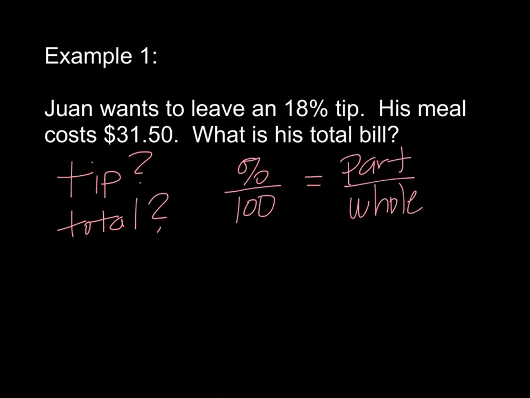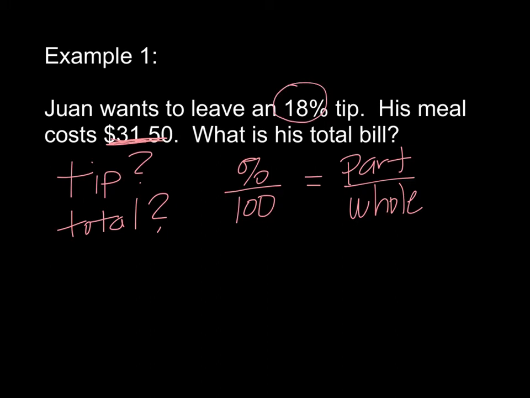We're going to use the universal percent proportion to find out how much the tip would be. In this case, the whole is the $31.50. We're finding the portion of that we would leave as a tip. So the tip is actually the part. We can put everything into our proportion.